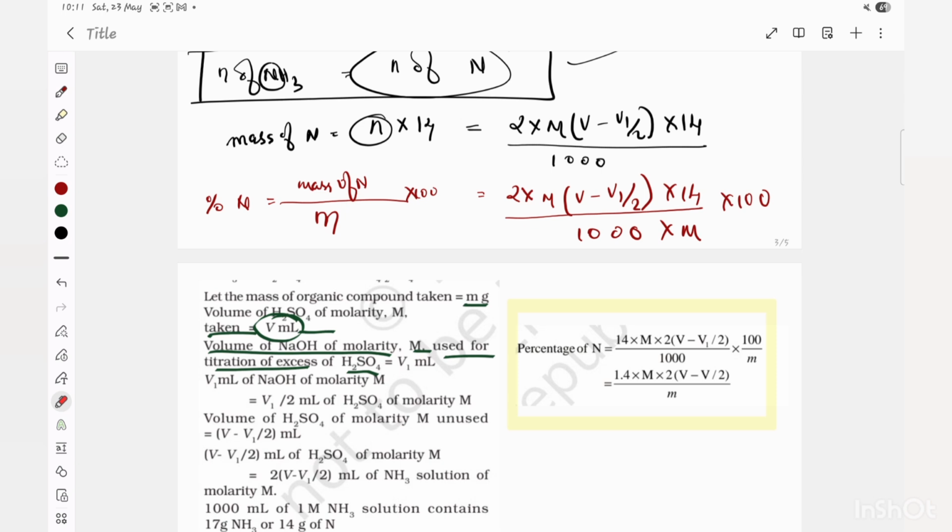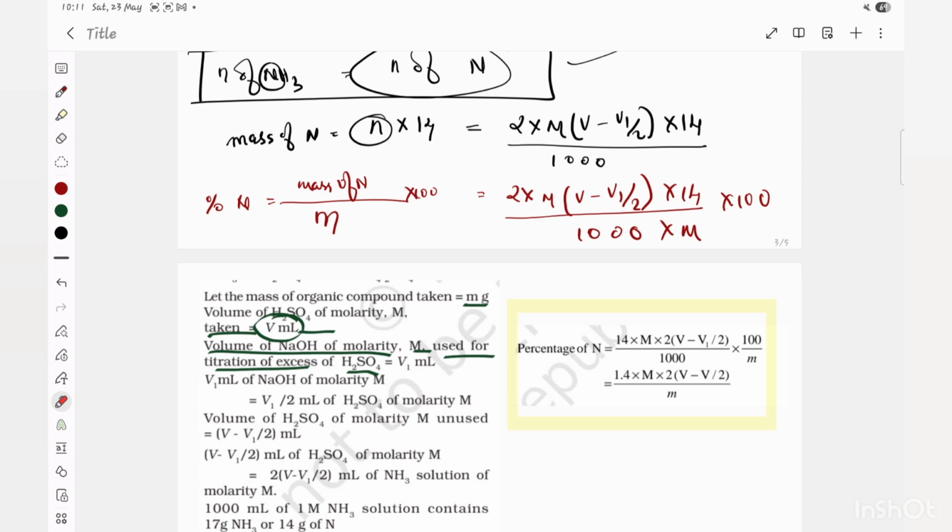Whichever two species are reacting, their n equivalents are the same. You should know the equation n into n factor. If volume is given, then we will use normality into volume. If normality is given, you can do this concept. If molarity is given, you can do this concept. This is not mugging up, you are not by-hearting anything, you are just doing it.